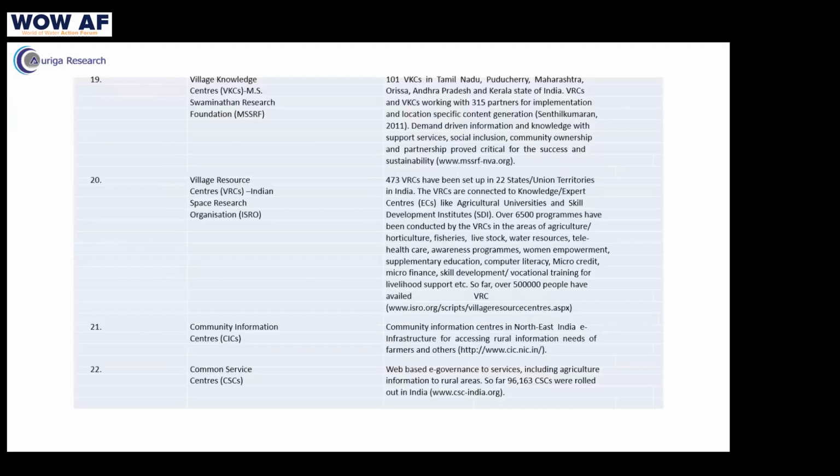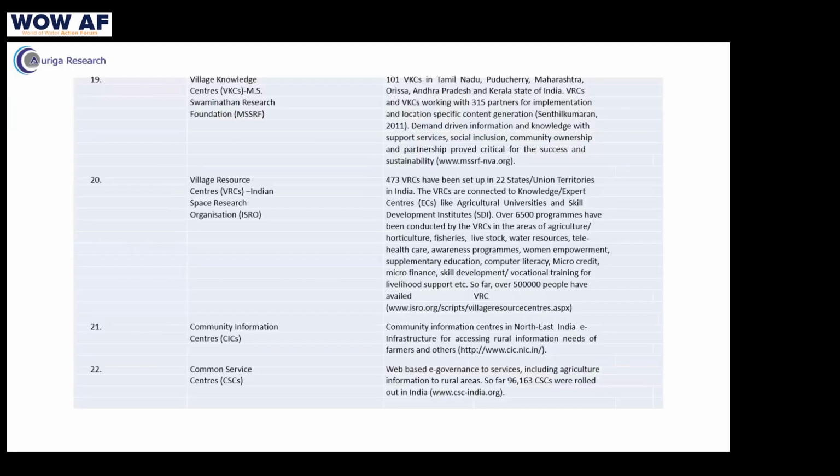IFFCO Kisan Sanchar Nigam is the one which offers a lot of information to farmers. Apart from their information kiosk, they have this green SIM, which offers farmers the option to give a missed call and then talk to a telecaller for agro advisory. Then iKisan, again, has diagnostic packages for various crops. So they specialize in different kinds of crops.